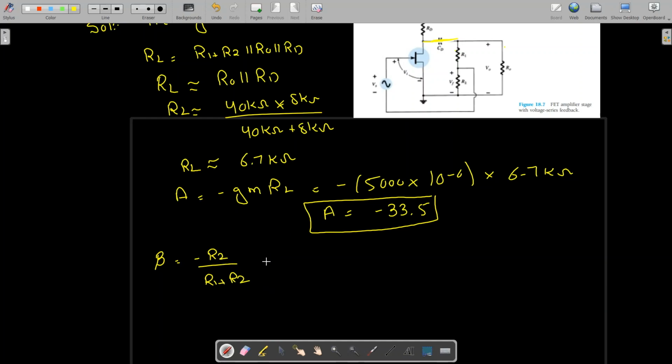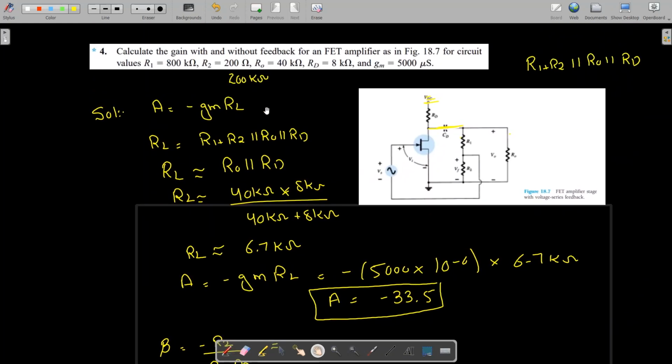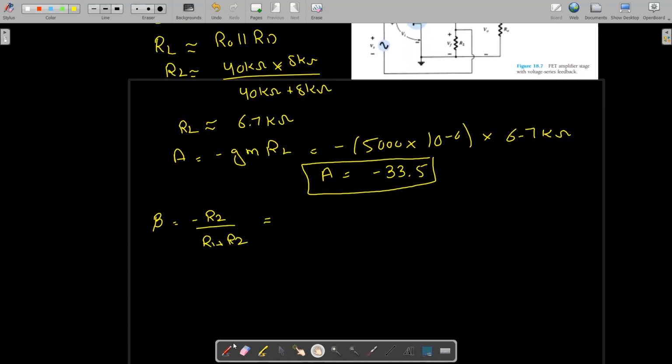Now we put the values: minus R2, which is 200 kilo ohm, R1 is 800 kilo ohm. So we have -200 kilo ohm divided by 200 kilo ohm plus 800 kilo ohm, and this comes out to be -0.2.